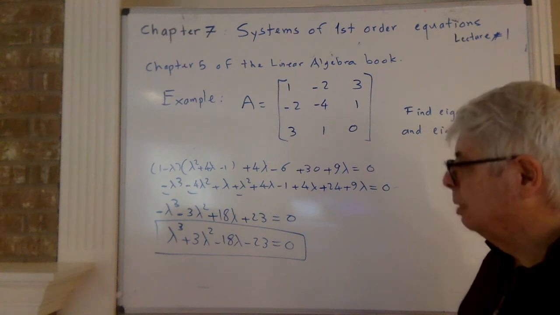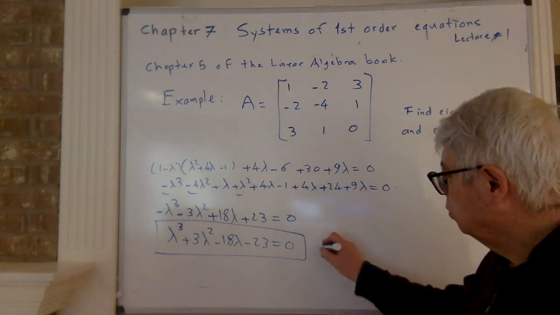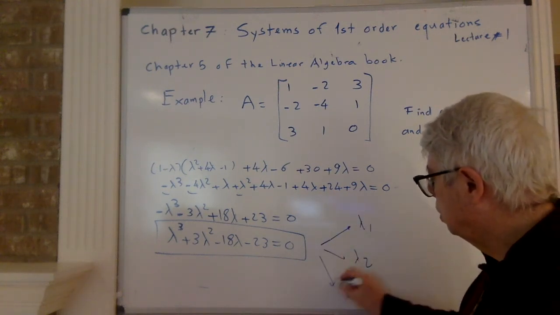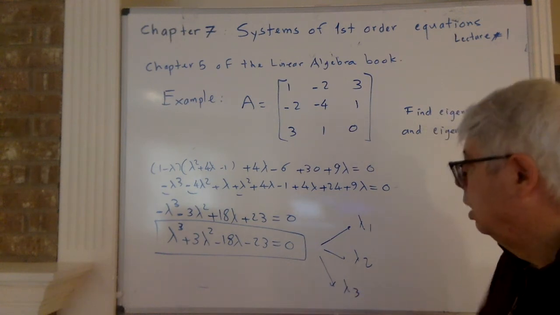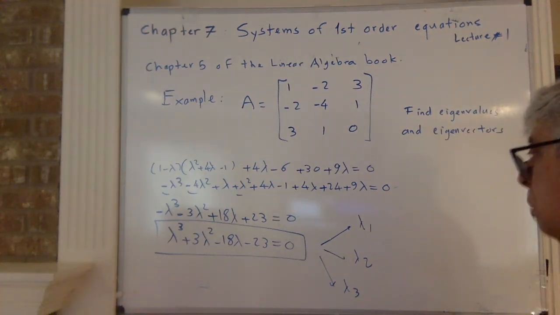Okay, so find zeros of this, and you will get 3 lambdas, lambda 1, lambda 2, and lambda 3. And I'm not saying they're easy. I will probably show you how to do that on Wolfram Alpha or Mathematica, if you have Mathematica at home, to find these lambdas.